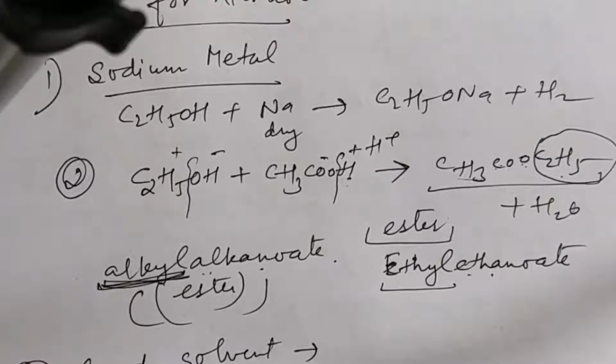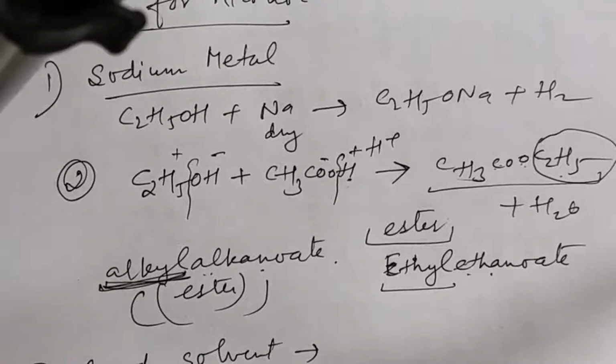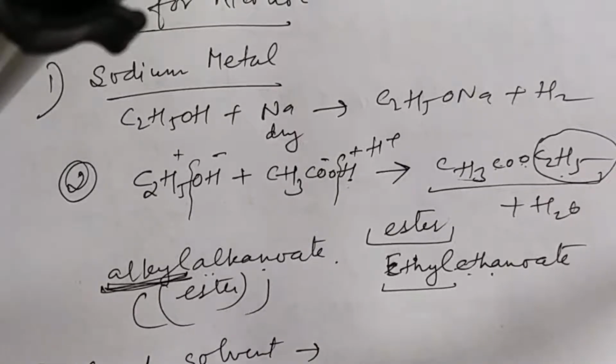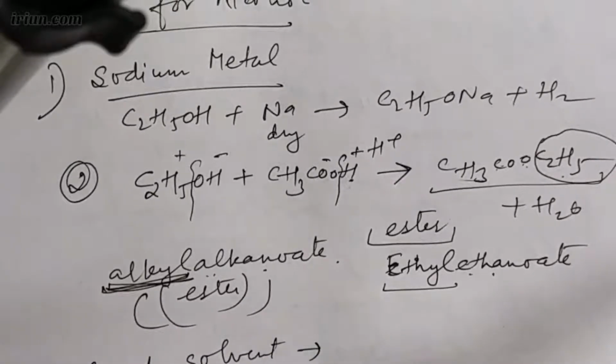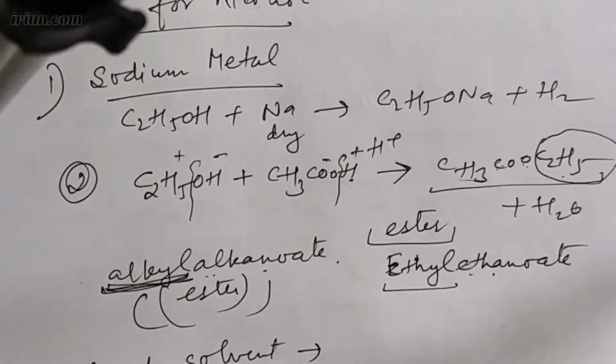And to avoid the consumption of alcohol as a beverage, what we do is the denaturation of alcohol. Denaturation of alcohol, ethanol, is done. Why is the denaturation of alcohol done?